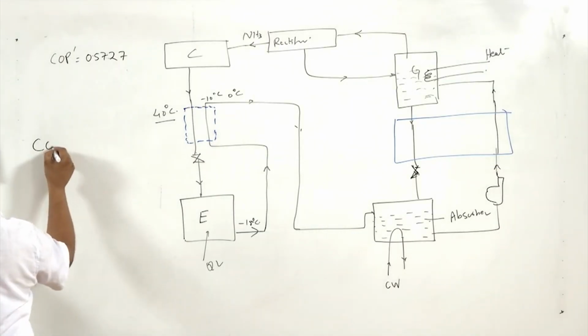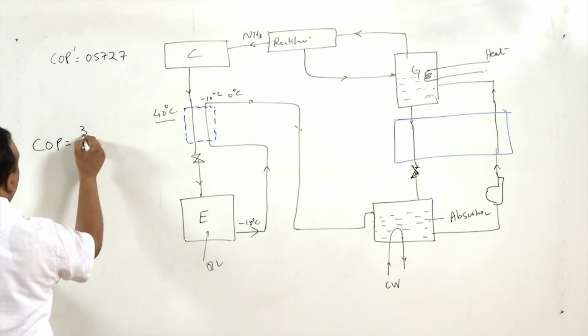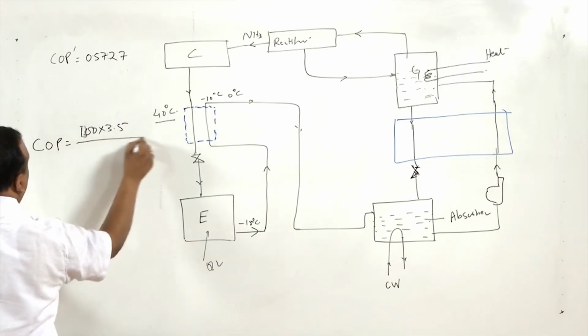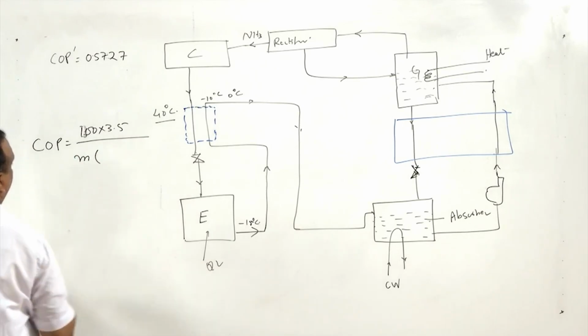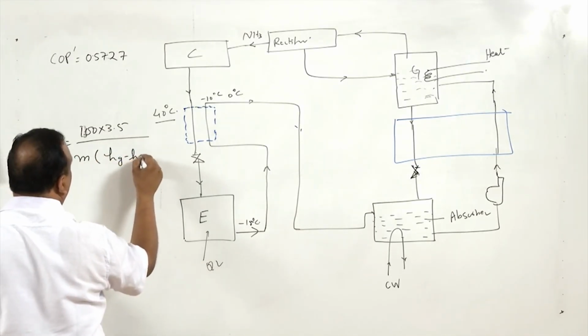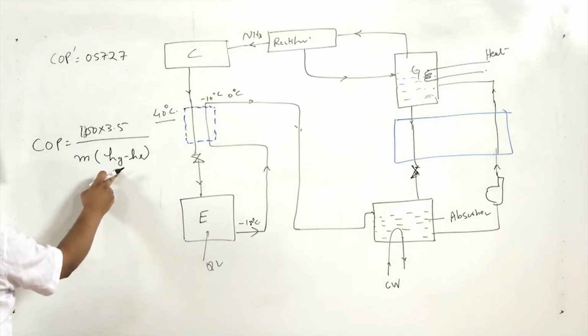because COP is refrigerating effect, that is 100 into 3.5, and mass of the steam multiplied by Hg minus HL, I mean enthalpy of saturated steam.